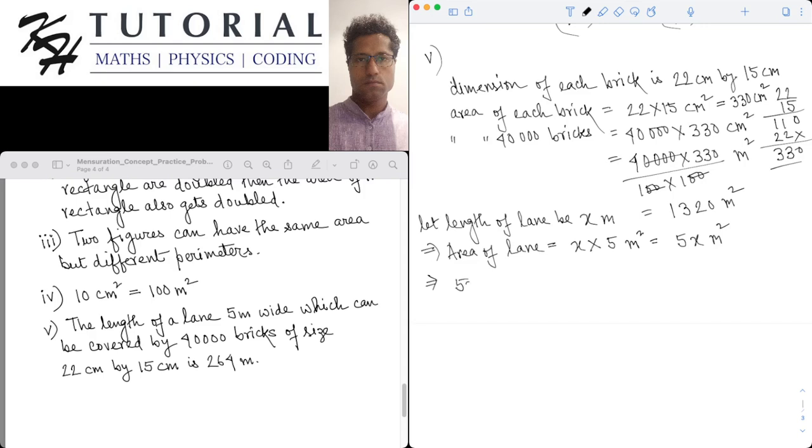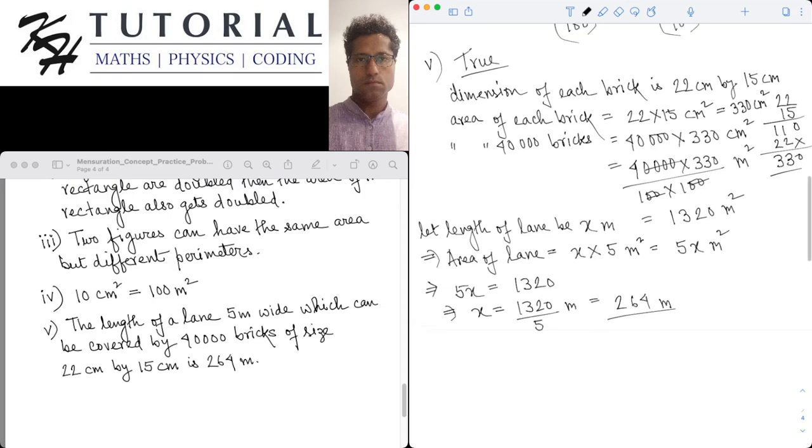So we must have 5x equal to 1320. So x is equal to 1320 divided by 5 meter. How much is this? 1320 divided by 5 is 264 meter. So the length of the lane has to be 264 meters. So this statement is true.